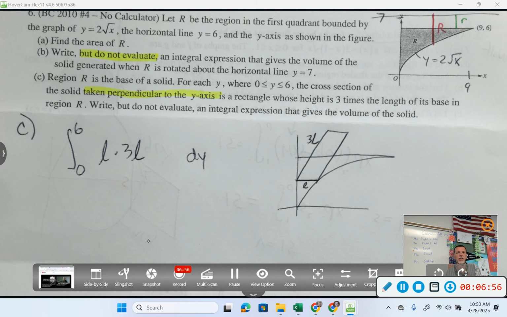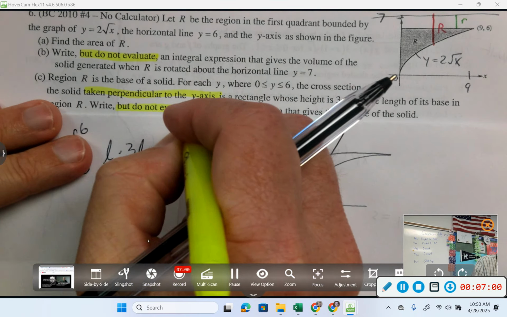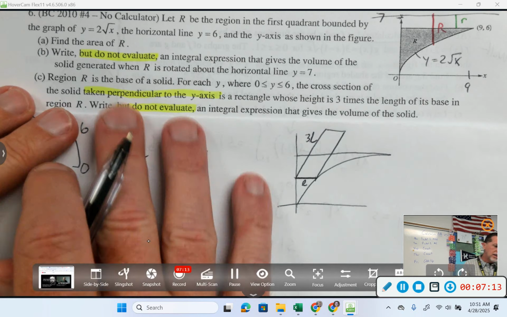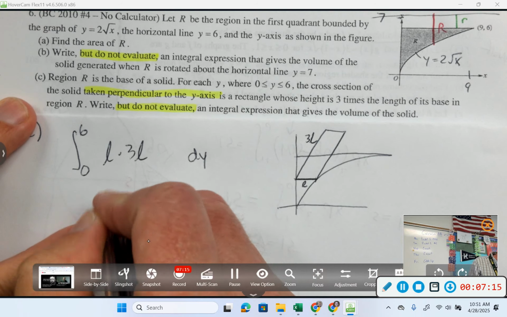Is that a safe stop? Right, but do not evaluate, so I don't have to do much. Am I okay with that as a safe stop? I have to say what L is, and probably solve it for x. Yeah. So it's not wrong, it's just not enough yet.